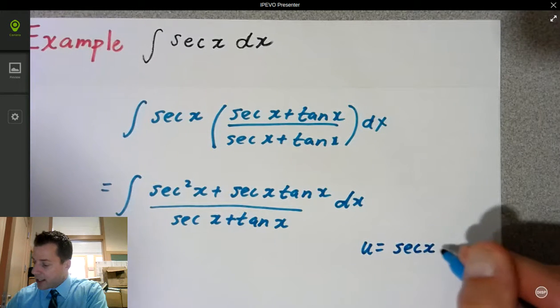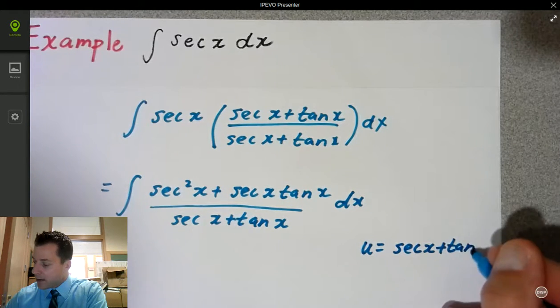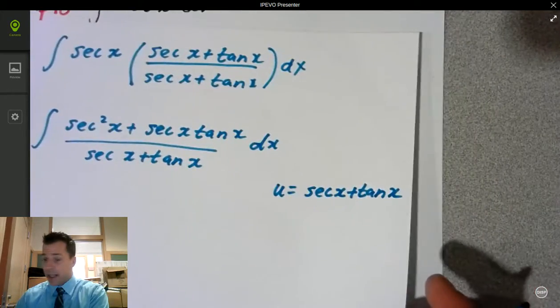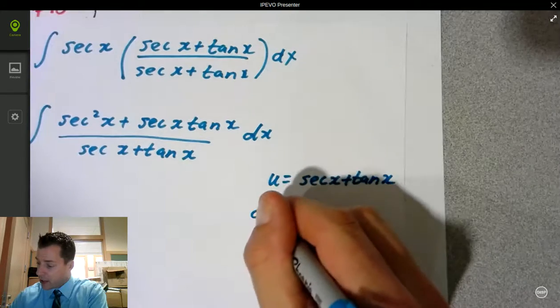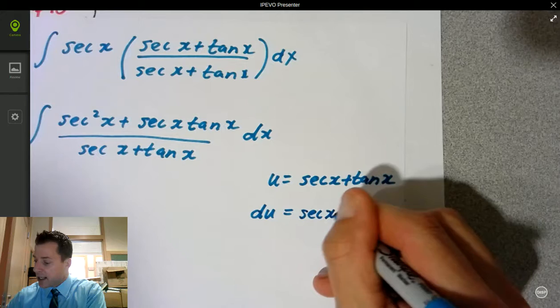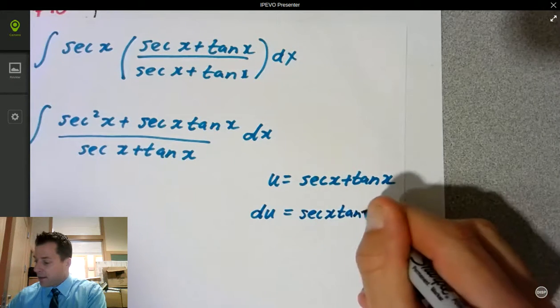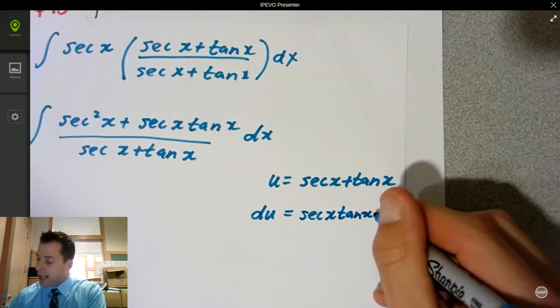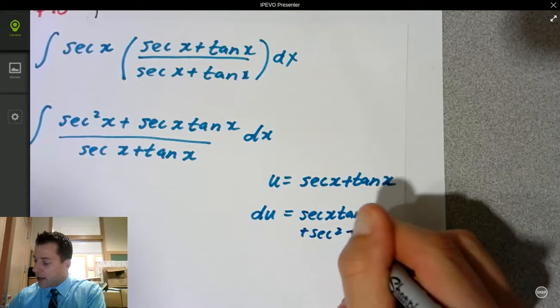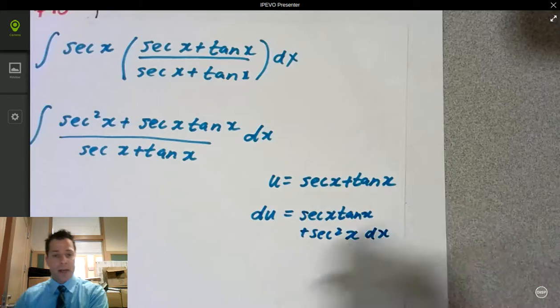In all three of these instances, the denominator was our u value, and that's not by accident. So du equals the derivative of secant x, which is secant x tan x, and the derivative of tan x is secant squared x, and that's dx.